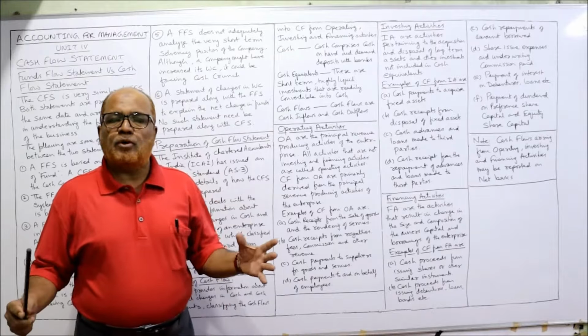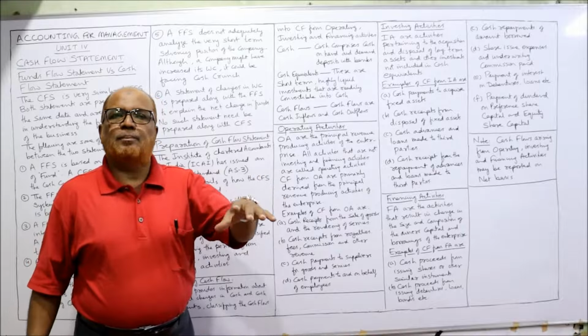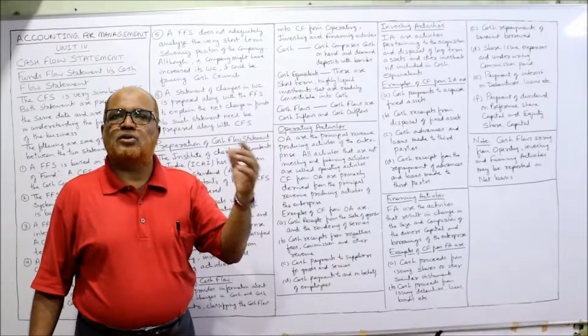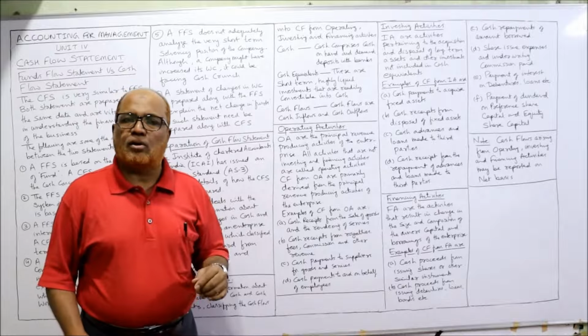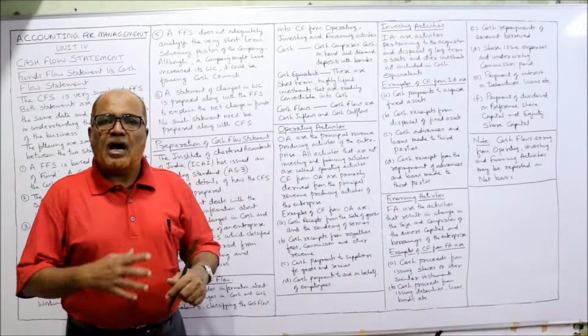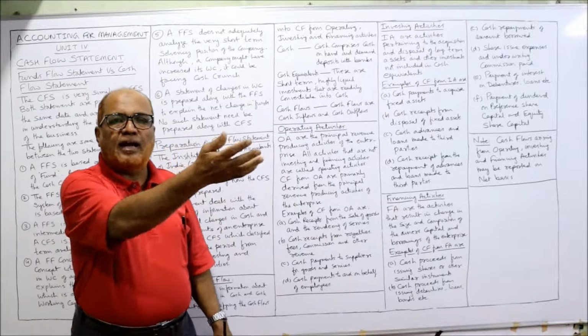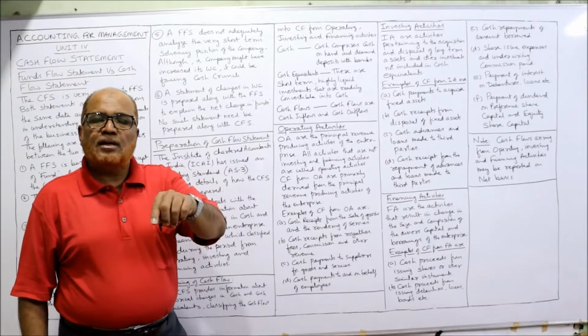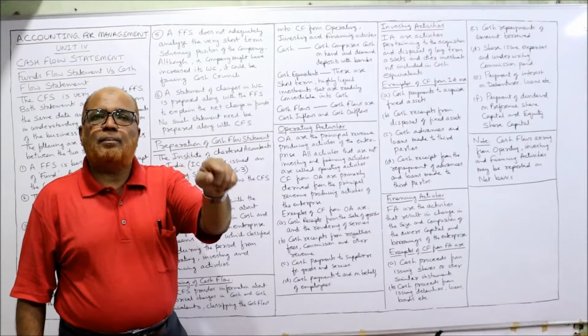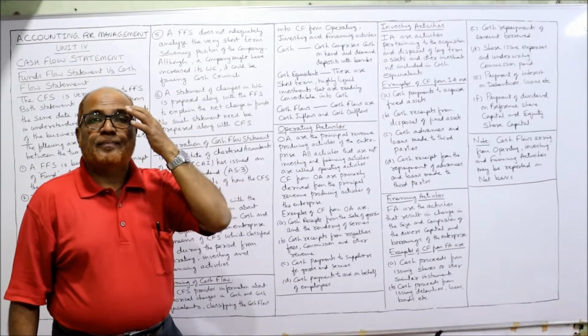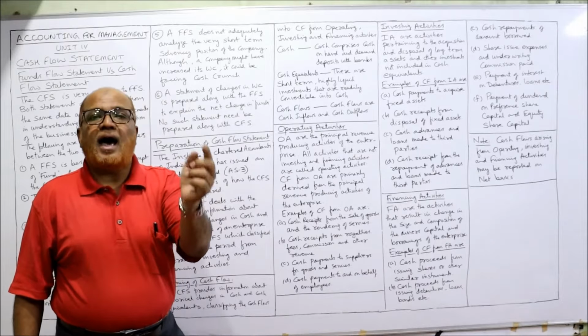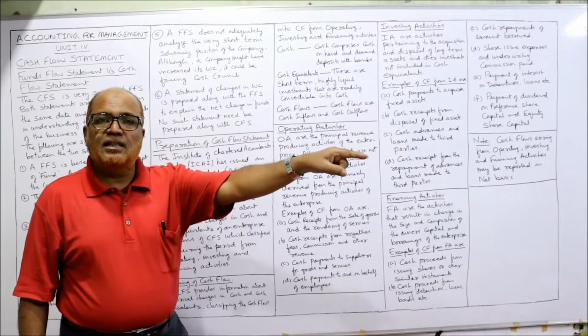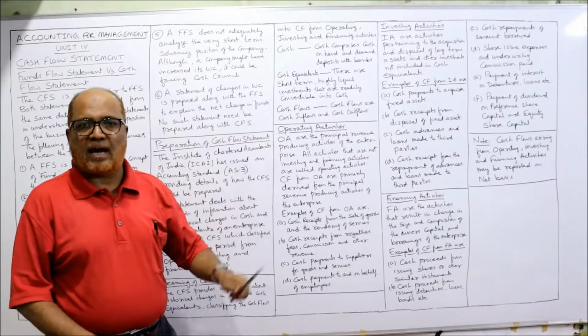There are different types of deposits in the bank, like fixed deposit, recurring deposit, current deposit, saving deposit, etc. But demand deposit means our money is lying with the bank, and at any time we can withdraw the money. That is called demand deposit. So cash includes the demand deposits in bank. So cash in hand and demand deposits in the bank, that is called cash.